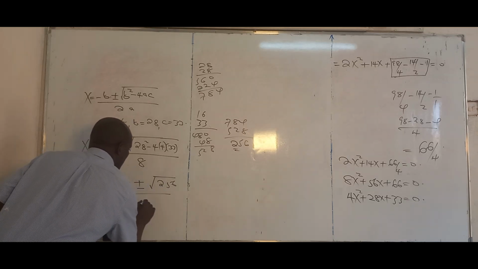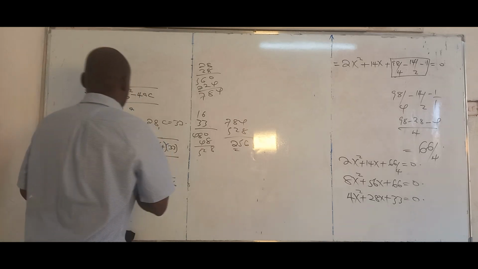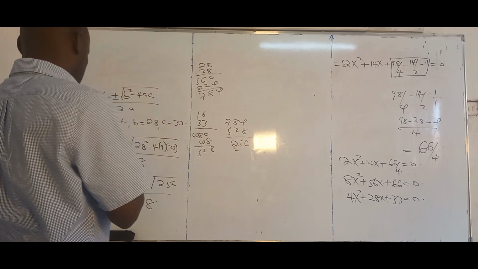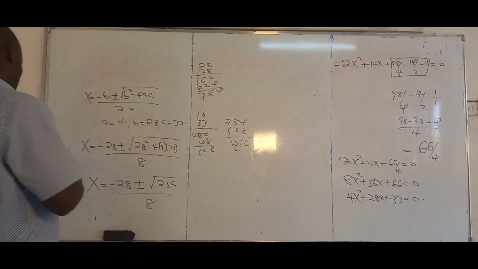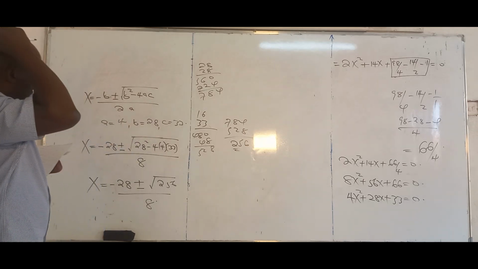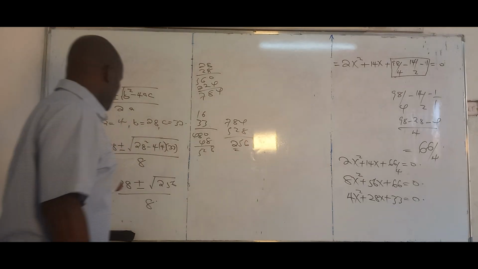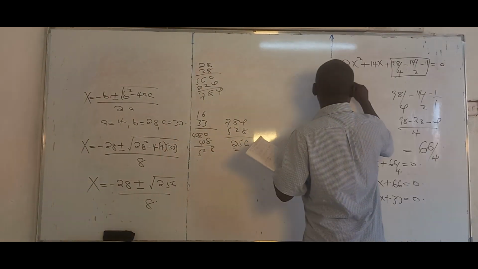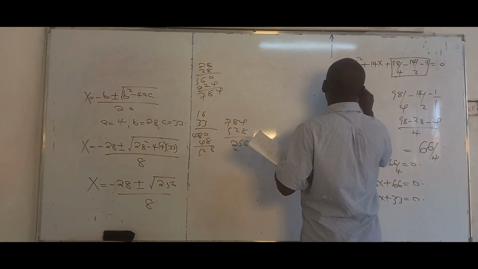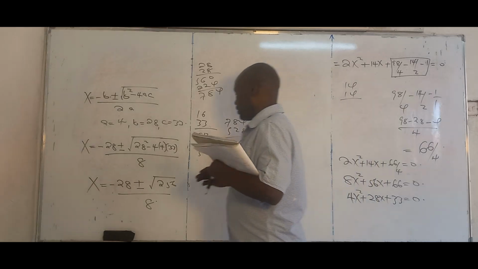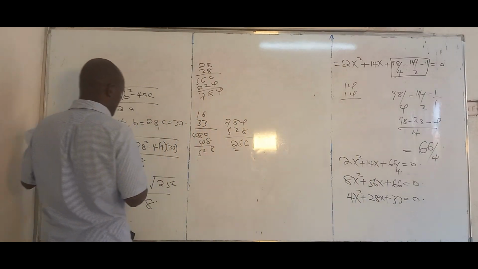All over 8. Then what is the root of 256? What is it that if we square, we get 256? Let's see, 14 squared is 196.